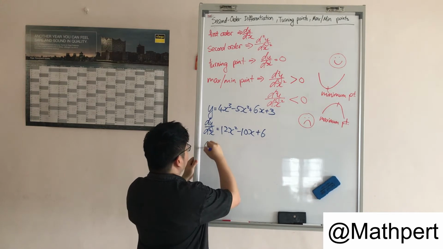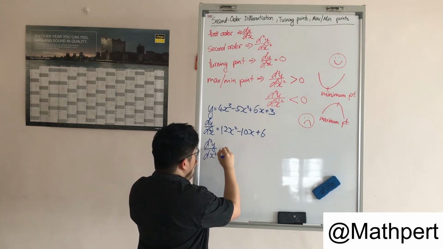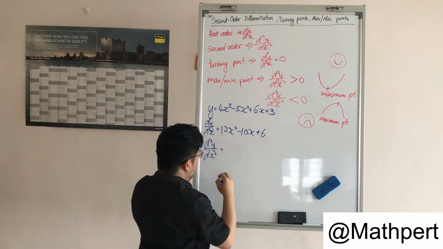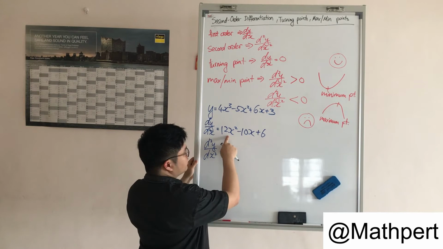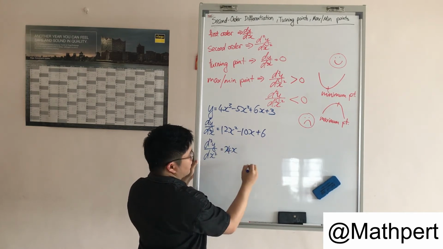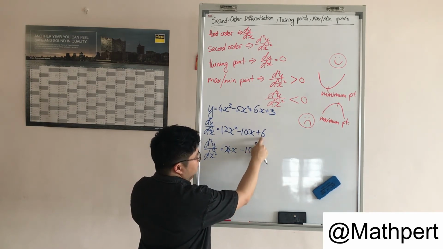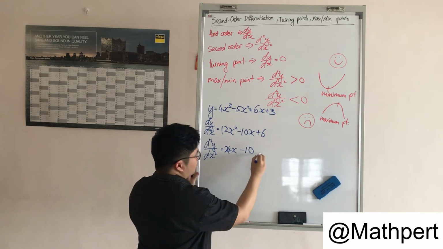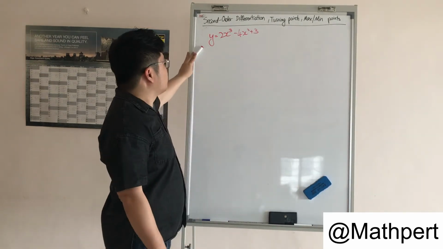So second order, d square y over dx square. Differentiate this one, we got 24x minus, differentiate 10x, 10. 6 becomes 0.